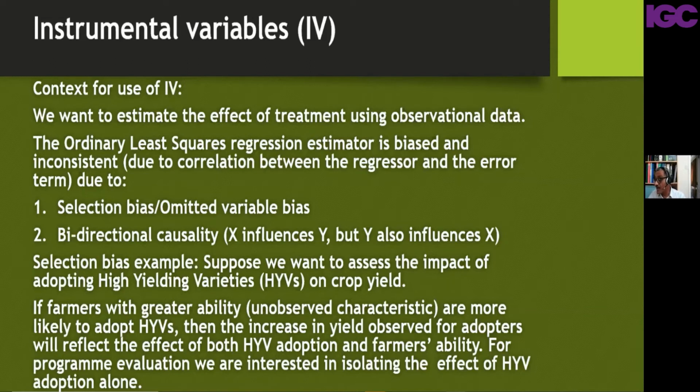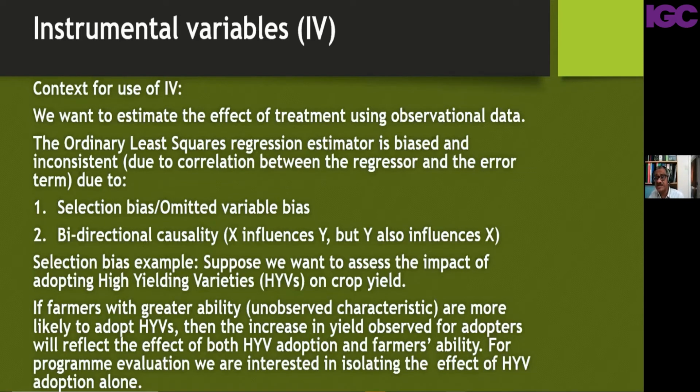But for program evaluation, we are interested in isolating the effect of HYV adoption alone. We don't want to get the effect of the higher farmer's ability. We want to know what is the effect of adopting HYVs or high yielding varieties.